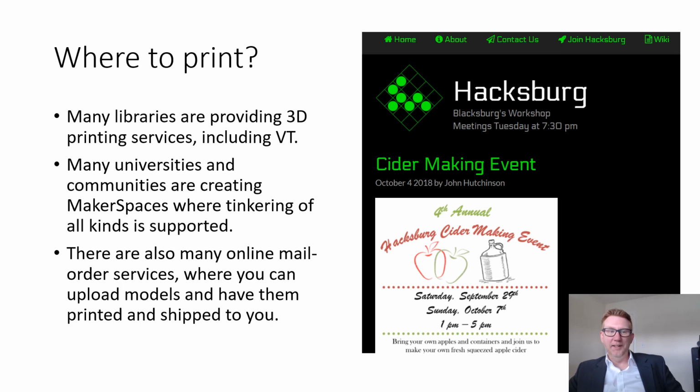They often have these things. So even when you get away from Virginia Tech, I think you can also find opportunities in your community to do this. Libraries in particular, many city libraries have this service now. And you can always order this stuff online. There are many online mail ordering services where you can upload your STLs and they'll print and ship something to you. So that's not such a bad way to go either.